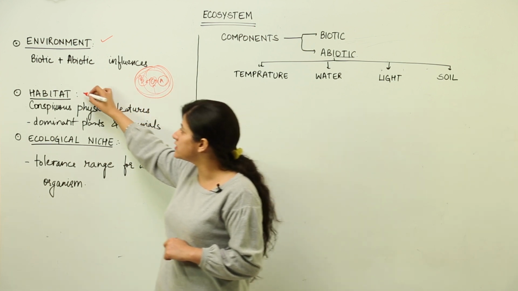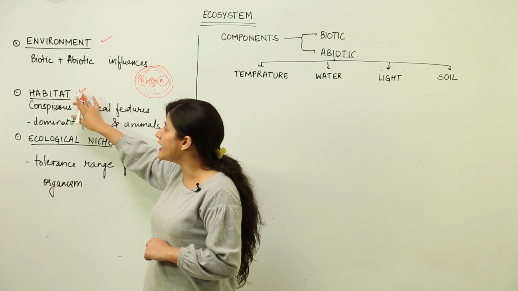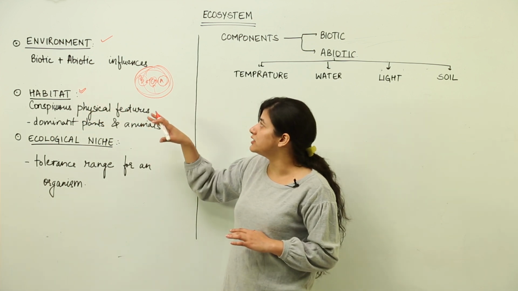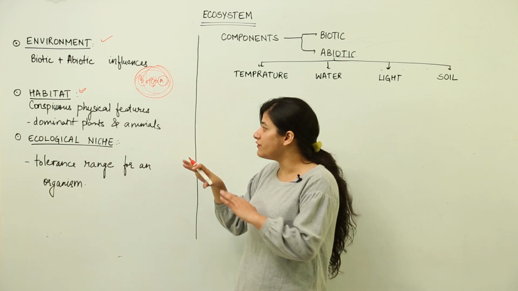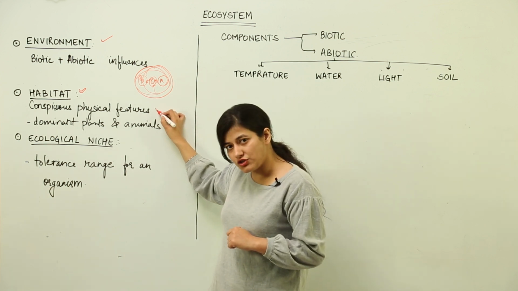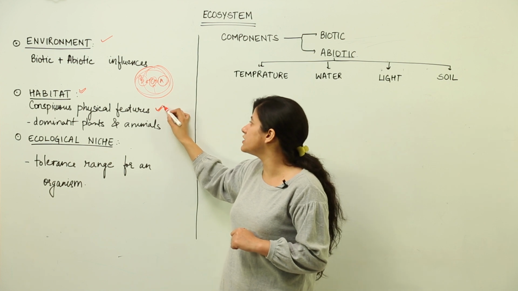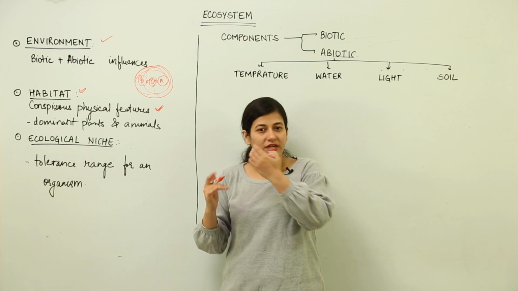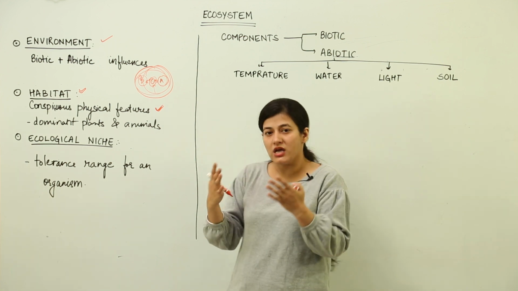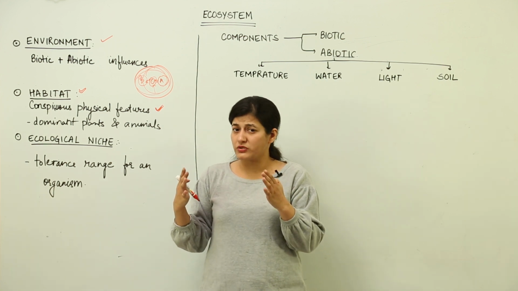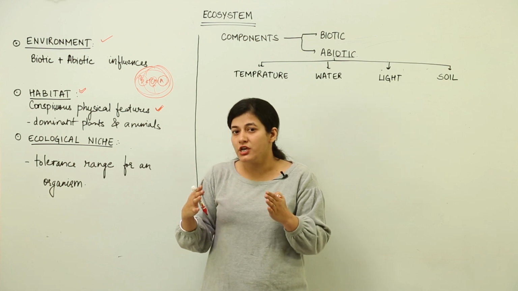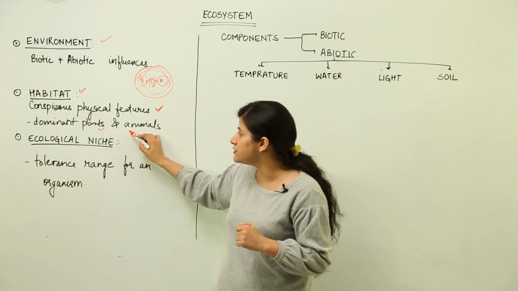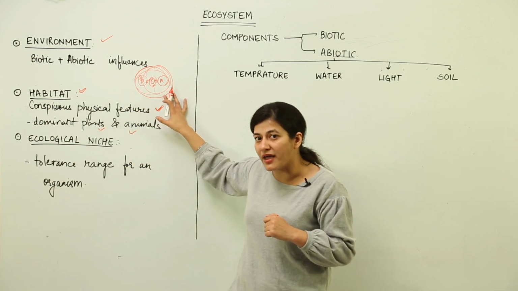Then there is a very gross term that we discussed earlier also, the habitat. Habitat is not that strong a term in ecology, but if we have to understand the physical features, the conspicuous physical features. Now you must be knowing what a conspicuous physical feature is. It is that feature that we see. If we are talking about, supposedly, the habitat of a fish, the conspicuous features would be the dominant plant and animal species present in the environment.